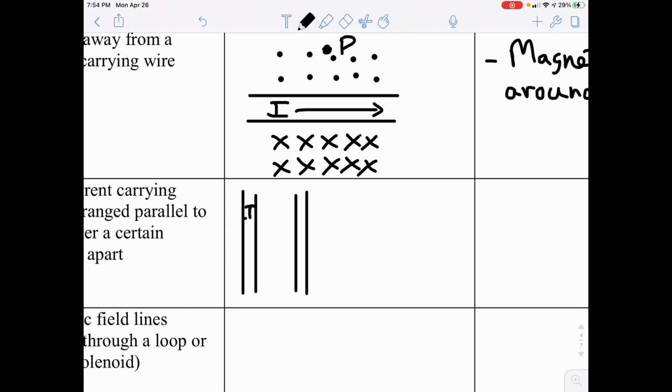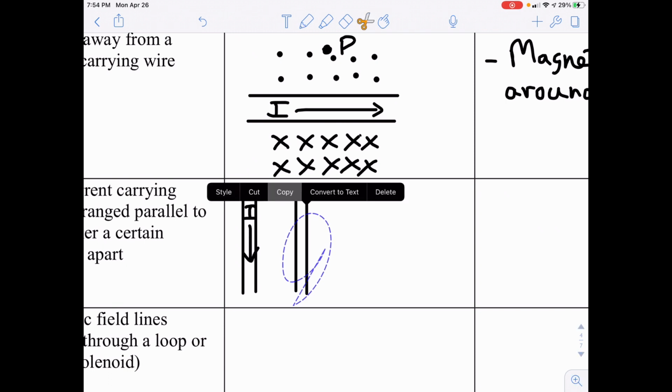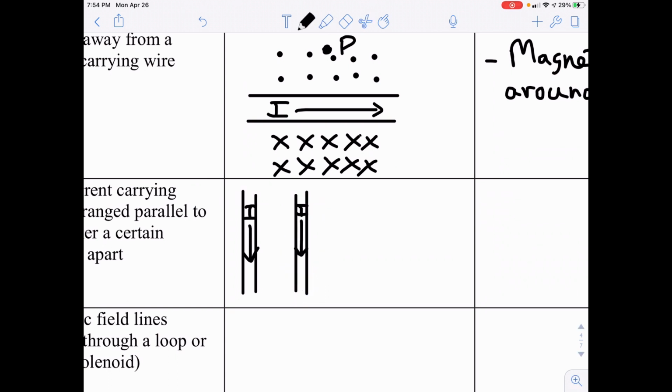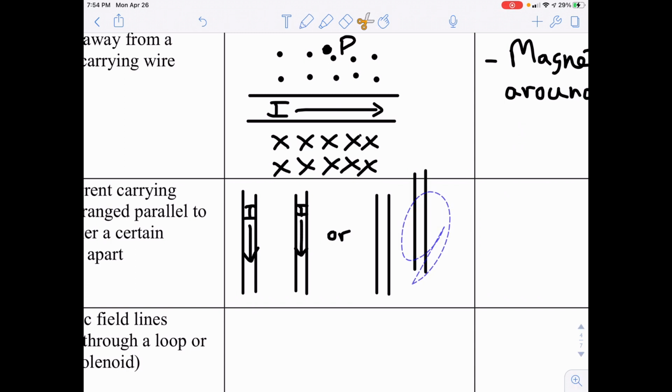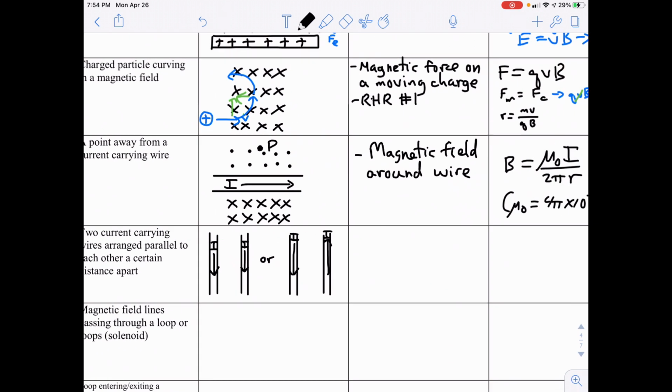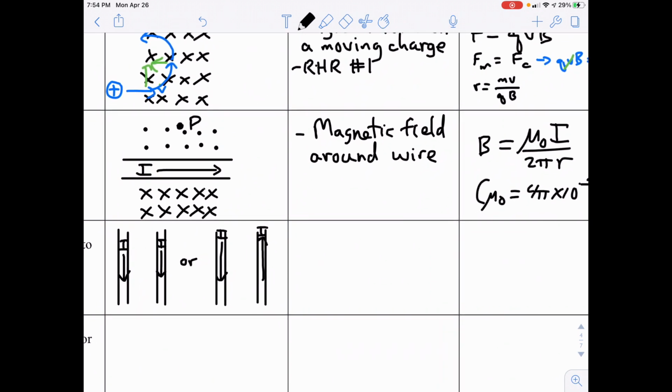Maybe the current is either going the same way or it's going the opposite way. This would be the magnetic force between two current carrying wires.